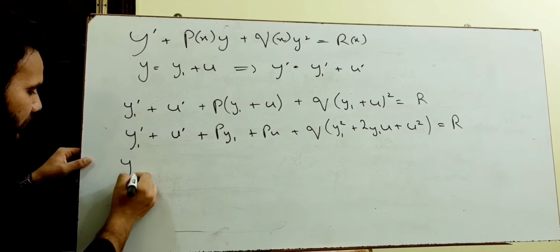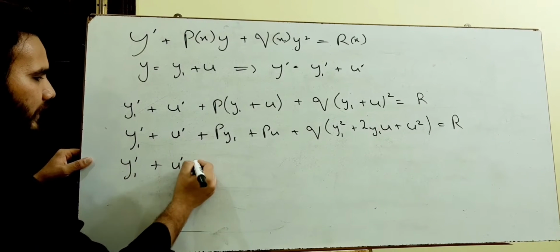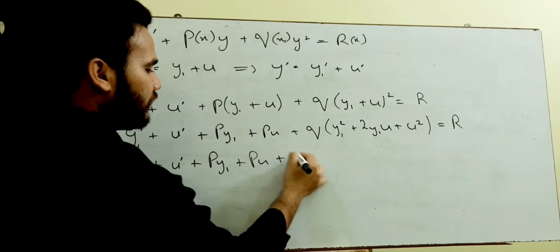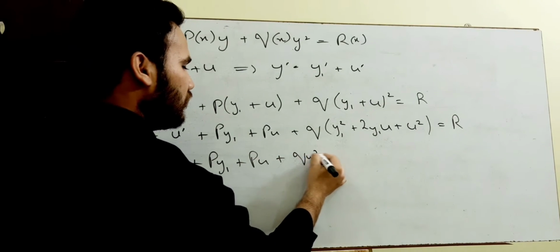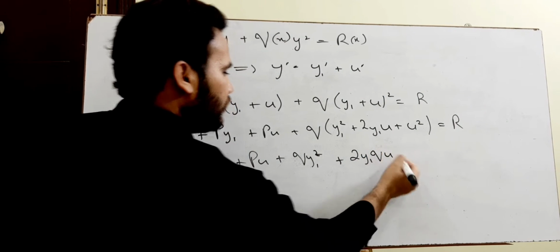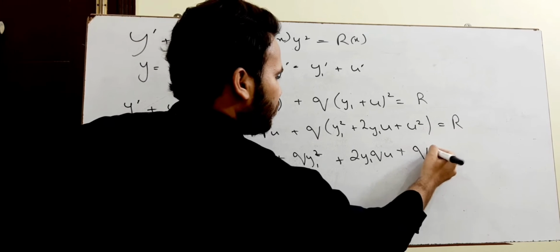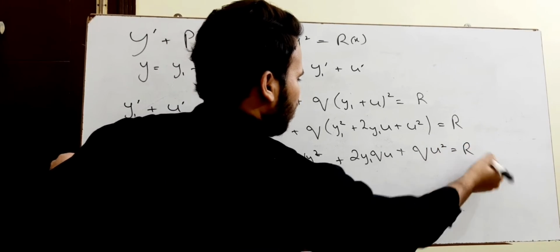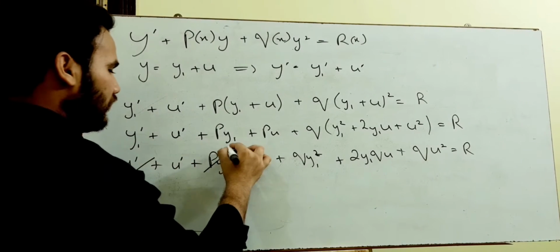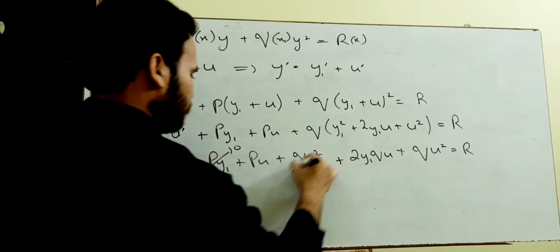This implies that y1 prime plus u prime plus p y1 plus p u plus q y1 squared plus 2 y1 q u plus q u squared equals r. If y1 is a particular solution, then all these terms will be 0.